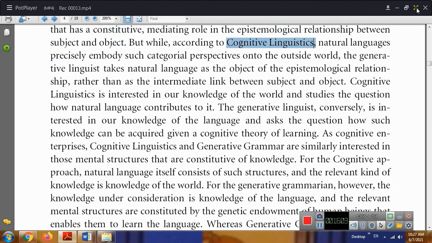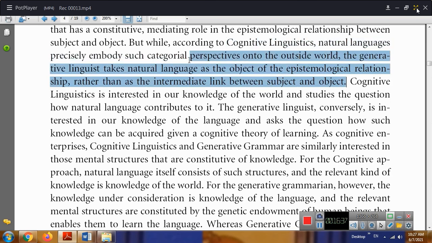But while according to cognitive linguistics, please pay attention to this point, natural languages precisely embody such a categorical perspective onto the outside world, the generative linguist takes natural language as the object of the epistemological relationship rather than as the intermediate link between subject and object. This is one of their differences.